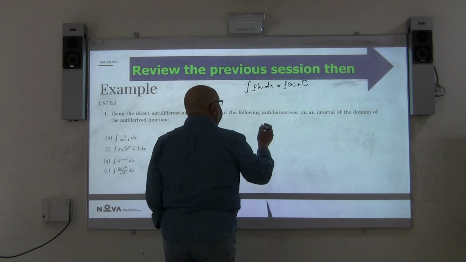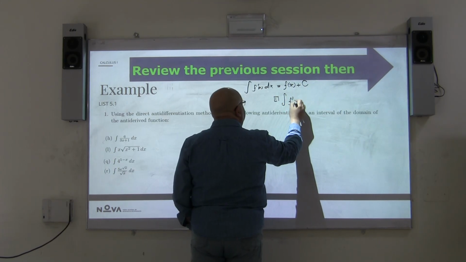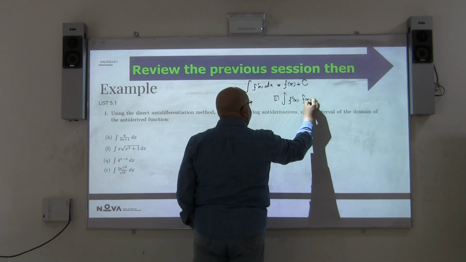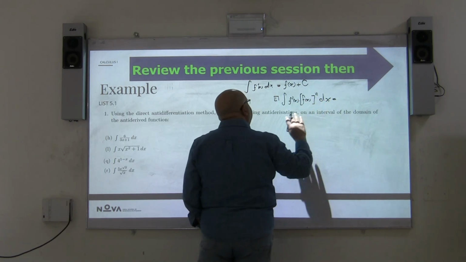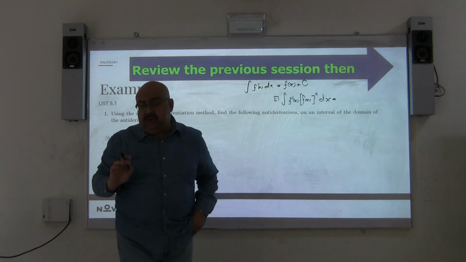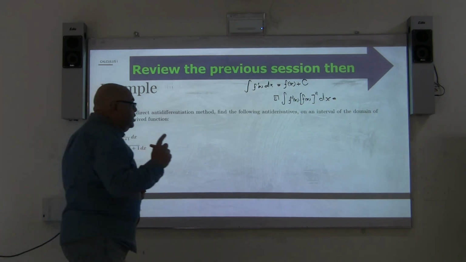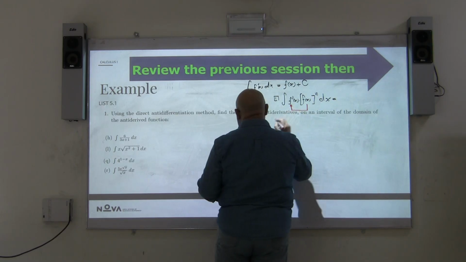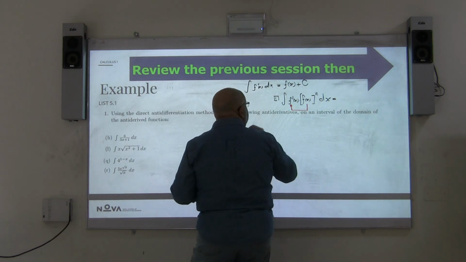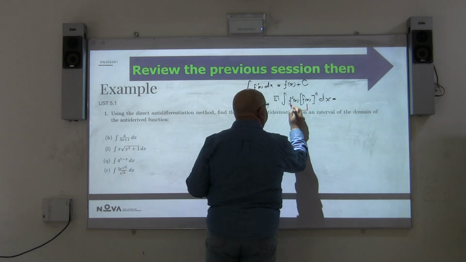I want you to remember that number one, if I want to integrate f dash x times f of x to the power of n with respect to x, the integration in this case is direct, but under one condition: that the function inside this bracket already has its derivative outside. That's a very important condition. Usually I call it a condition in order to apply this law.